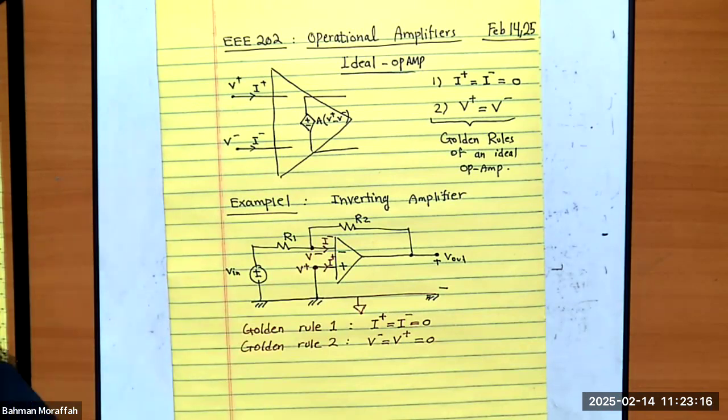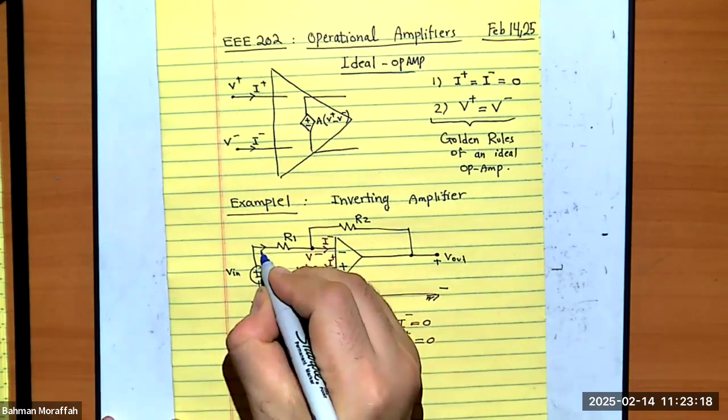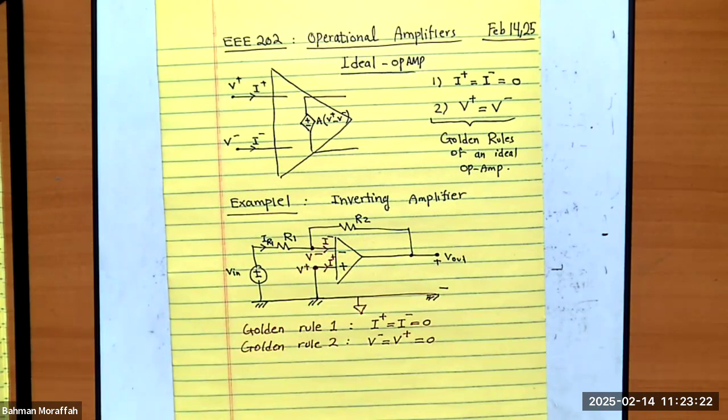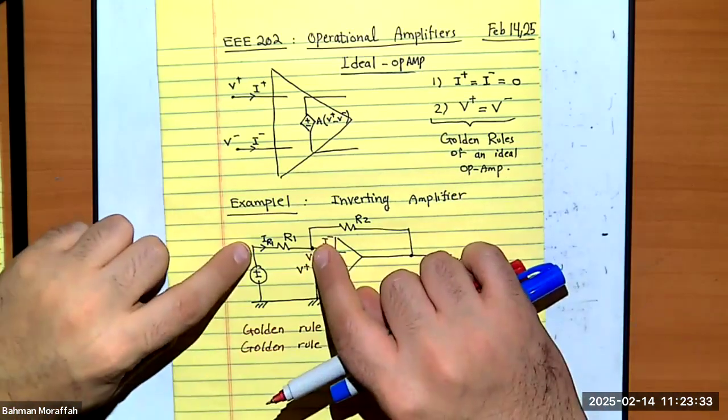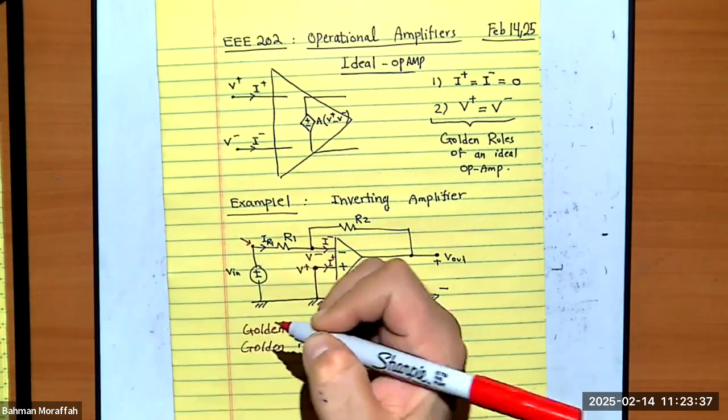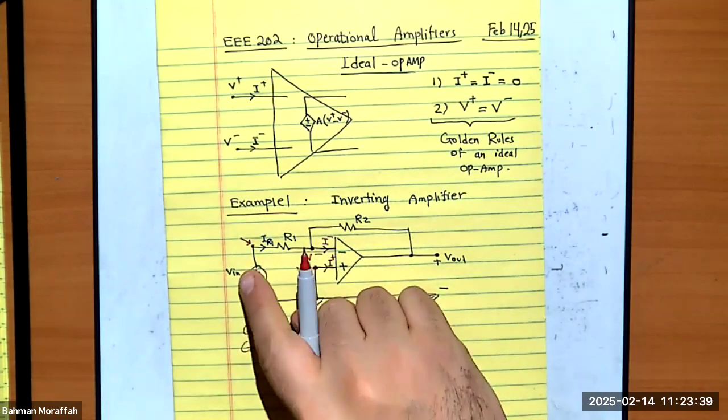Let's call current through R1 I of R1. Do you agree if I have voltage across a resistance, I know current through, right? We have Ohm's law. But what is voltage across this R1? Well, at this node, I know the voltage. That's Vn.